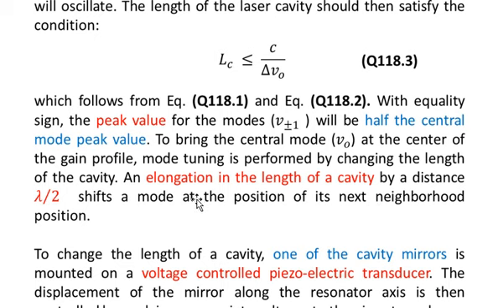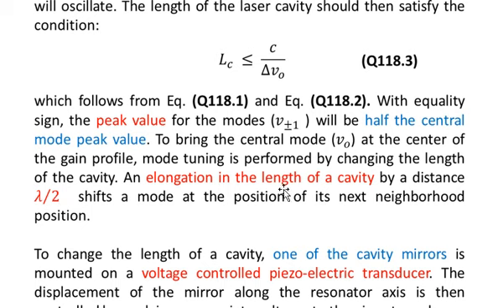So you see that if you have a central mode in the cavity, for example, lying along the center of the gain profile, and if you change the length of the cavity by lambda by 2, you would be able to position nu naught at the position of either nu plus 1 or nu minus 1, depending upon whether you increase or decrease the length of the cavity by a value equal to lambda by 2.